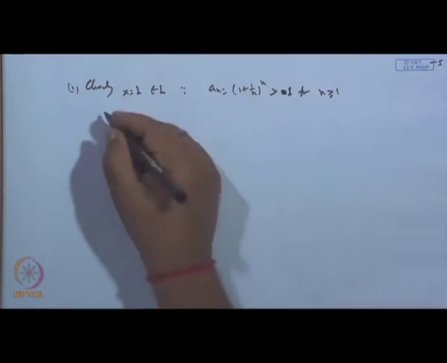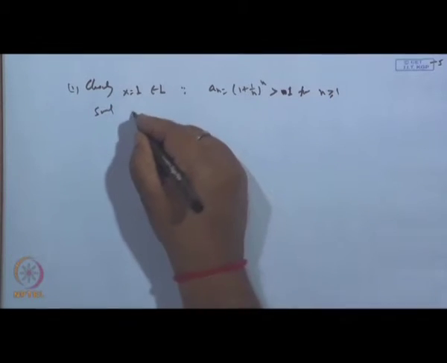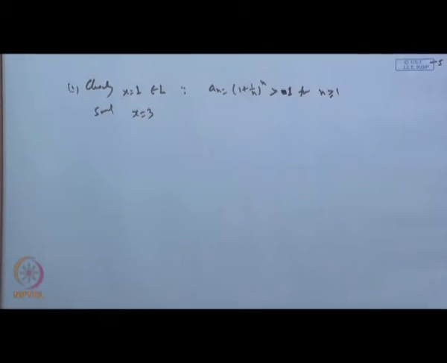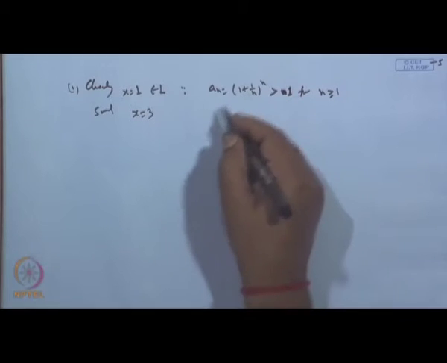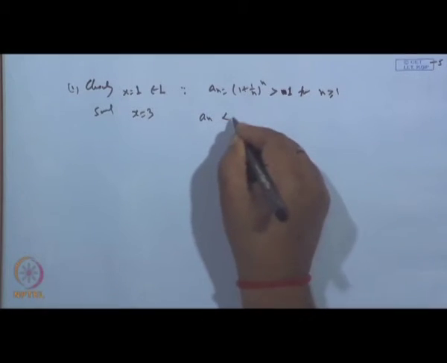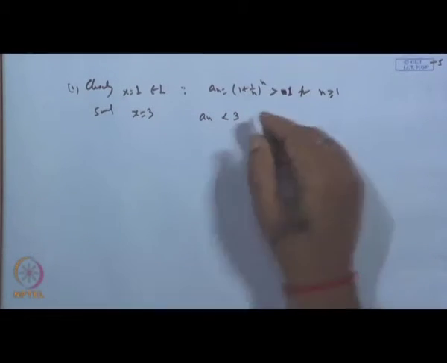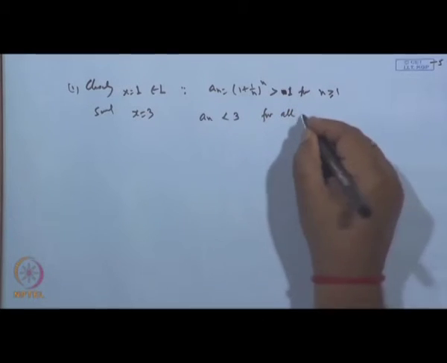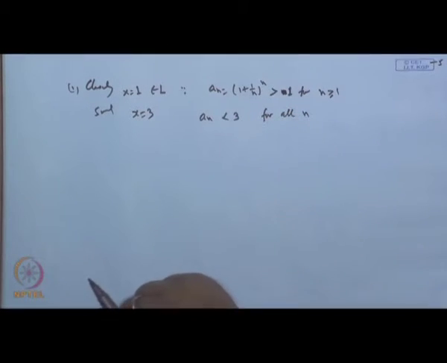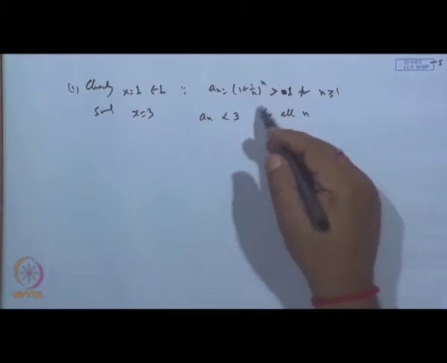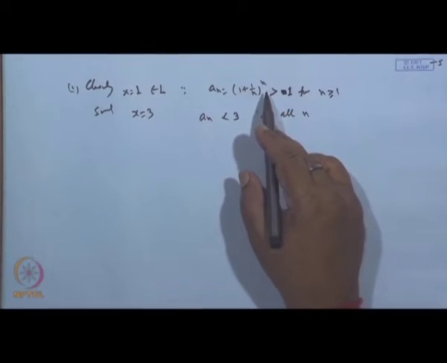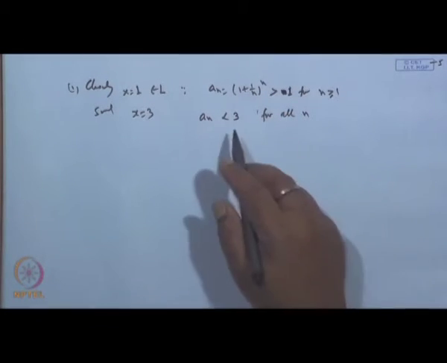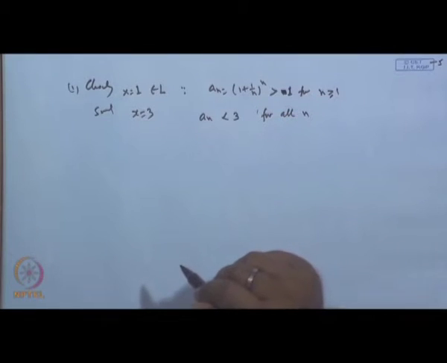Similarly, if I take x equal to 3, then all the elements of a_n are less than 3 for all n. For (1 plus 1 by n) to the power n, whatever n you choose, it will remain less than 3.